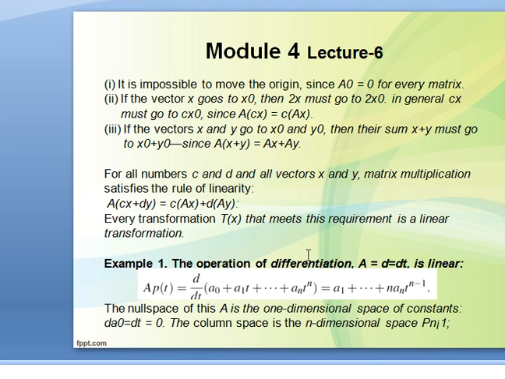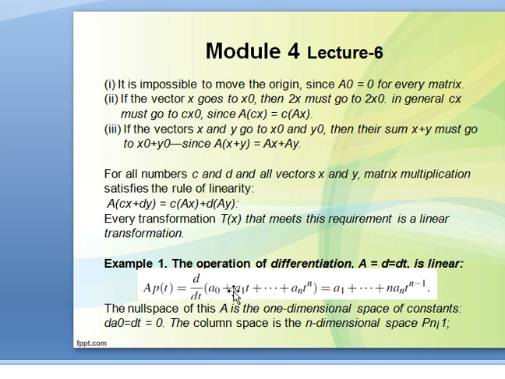An example is the operation of differentiation. Now we want to check whether the differentiation operation is linearly transformable or not. To check that, consider this polynomial p of t, and A is our differentiation operation. When A is operated on our polynomial, we know how to do the differentiation.